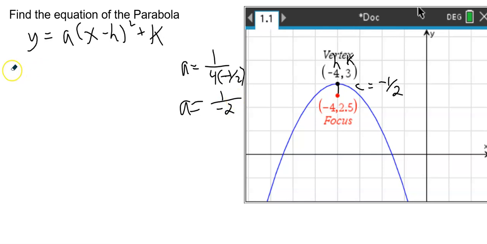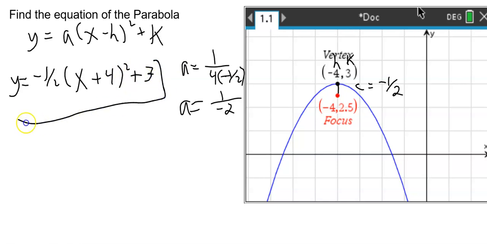A is negative 1/2. So the formula would be y equals negative 1/2 x minus h, which is negative 4, so x plus 4 plus 3. That's your equation for that parabola. And that's your lesson.